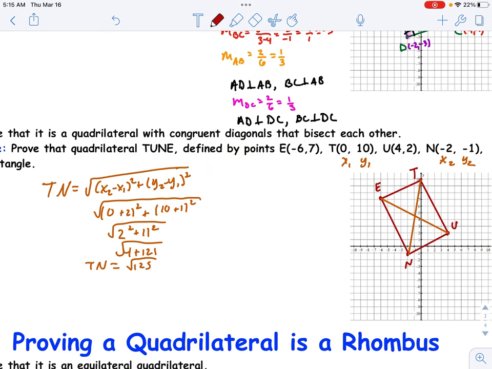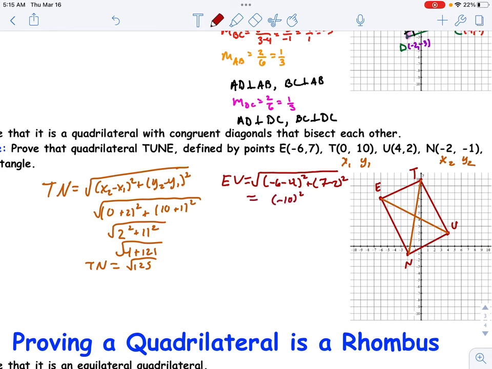Alright, let's go ahead and find the length of EU. Negative 6 minus 4 plus 7 minus 2.